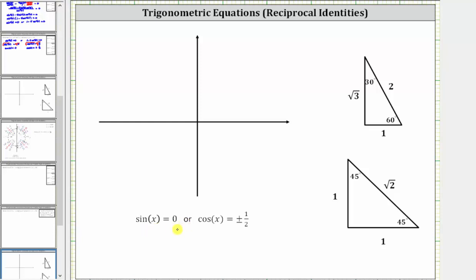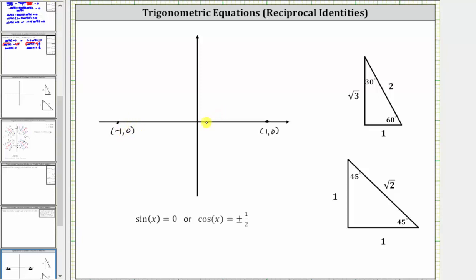To solve sine x equals 0, we can't use reference triangles. We need to remember that on the unit circle, the y-coordinate is equal to the sine function value, and y is 0 along the x-axis. So on the unit circle, the sine function value is 0 at the ordered pair (1, 0) on the positive x-axis, and the ordered pair (negative 1, 0) along the negative x-axis.